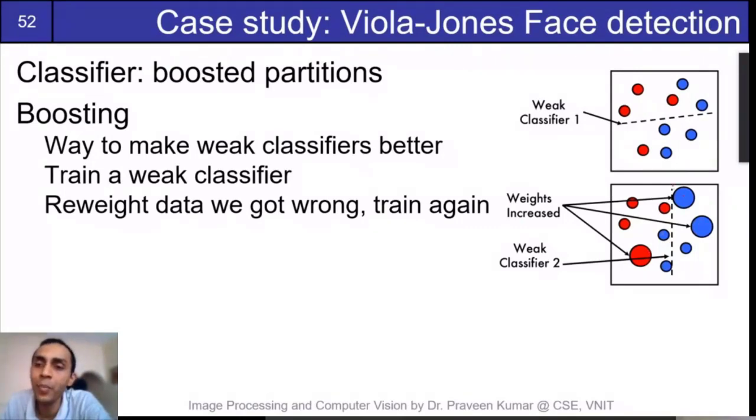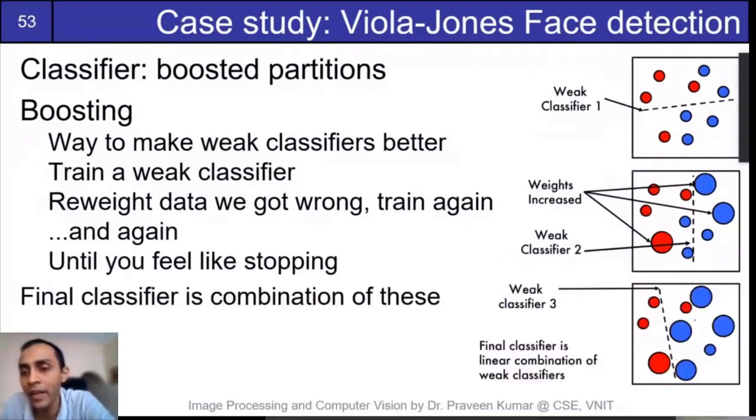So the next partition will probably come somewhere here, which will not misclassify this, but it may misclassify some other things. For example, these two have been misclassified. So you go on iterating again. You increase again the weights of these two, and learn a third classifier, which actually does well on these modified weighted samples.